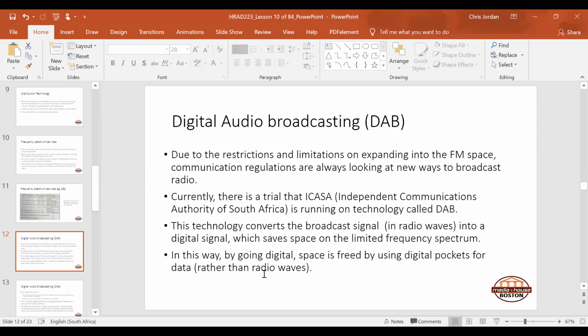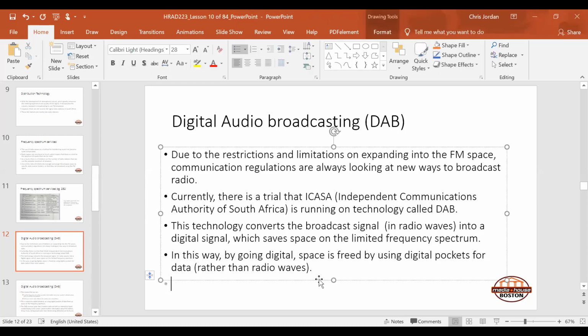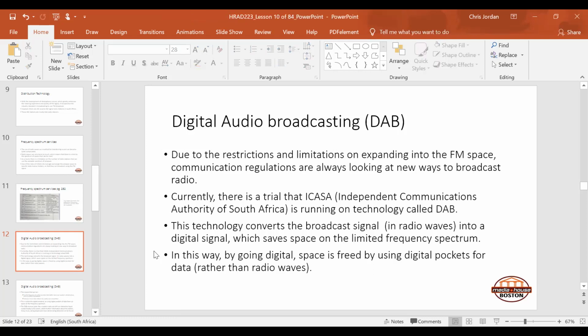Obviously, that will come with its pros and its cons, and its quote unquote obstacles and setbacks that we might have here in South Africa. So there is a trial that ICASA is currently running. It's been running since I think about 2018 or so, to test the technology called digital audio broadcasting, right?